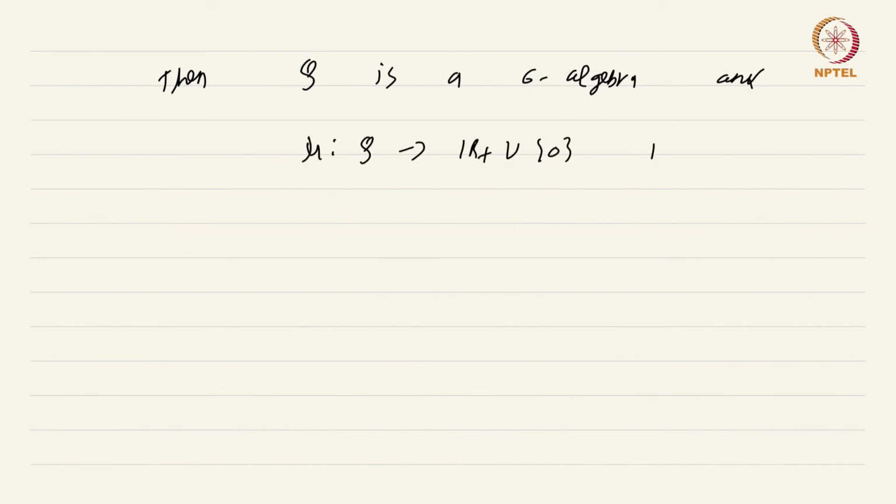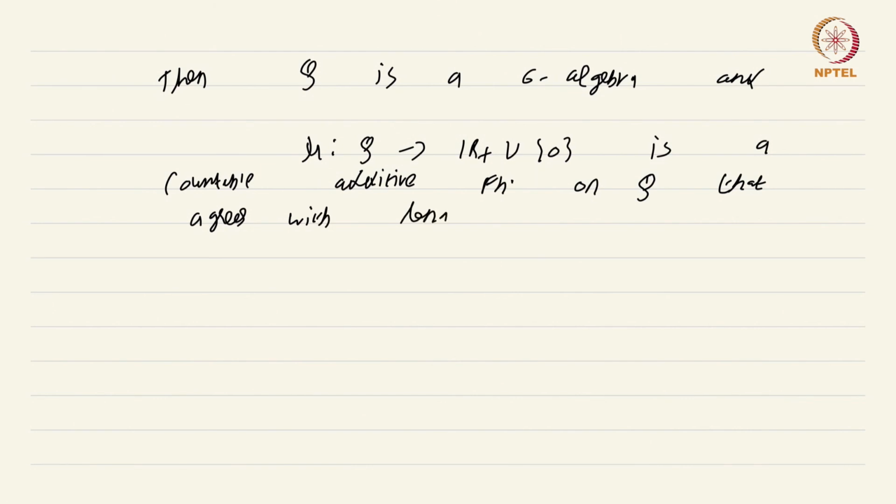Then we can summarize everything that we have done in this video by saying this P is a sigma algebra and mu from P to R plus union 0 is a countably additive function on P that agrees with length on intervals. Okay, and P is a sigma algebra that contains all intervals. We can summarize the entire discussion here.